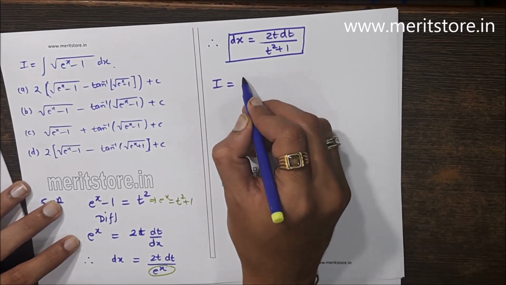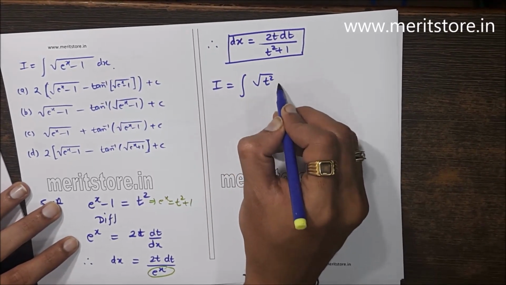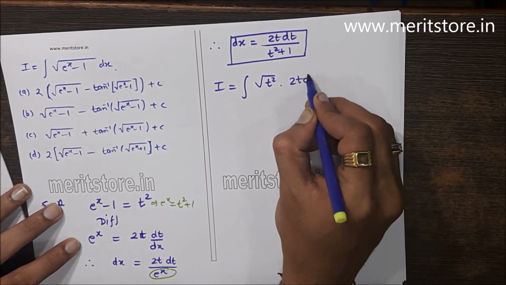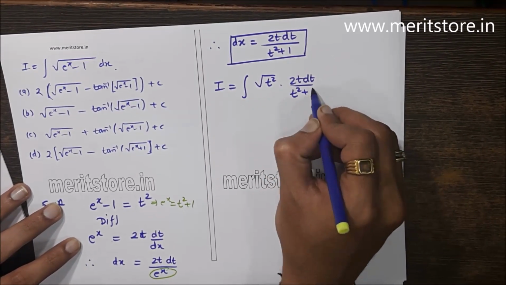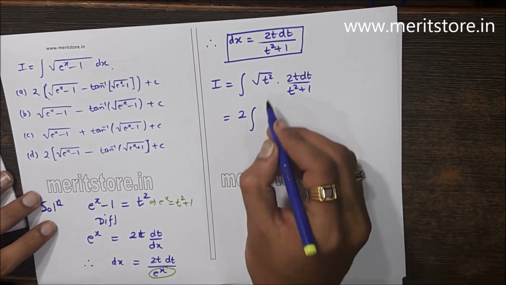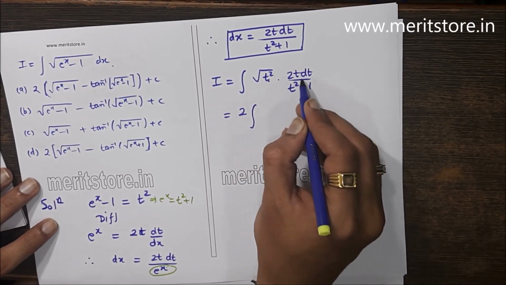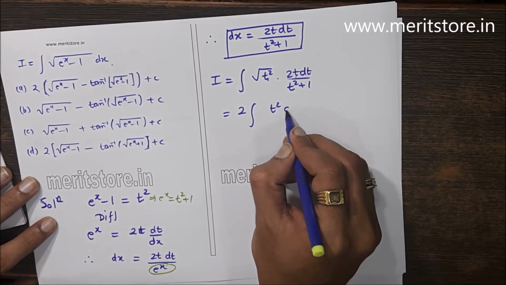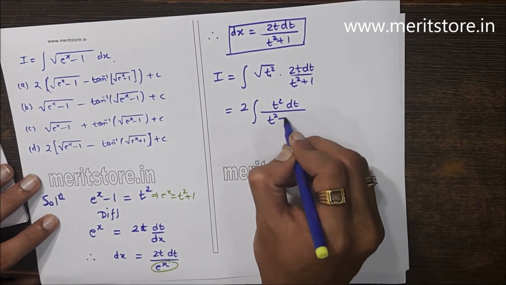Integral will now convert to root of t square into 2t dt upon t square plus 1. 2 is a constant, comes out. Root of t square is t, and with this t, this will become t square dt upon t square plus 1.